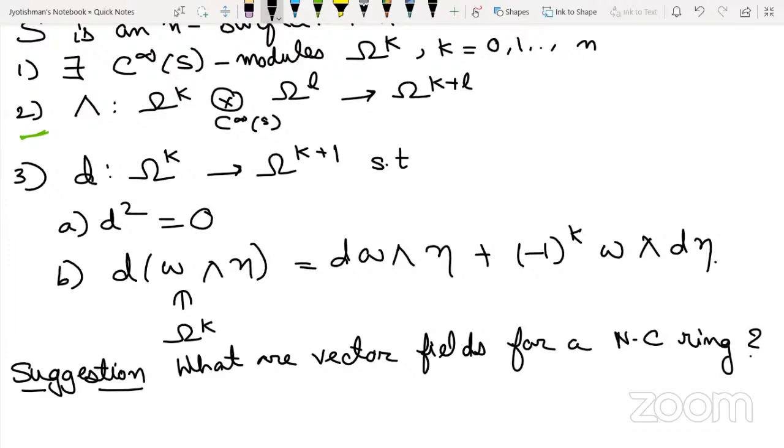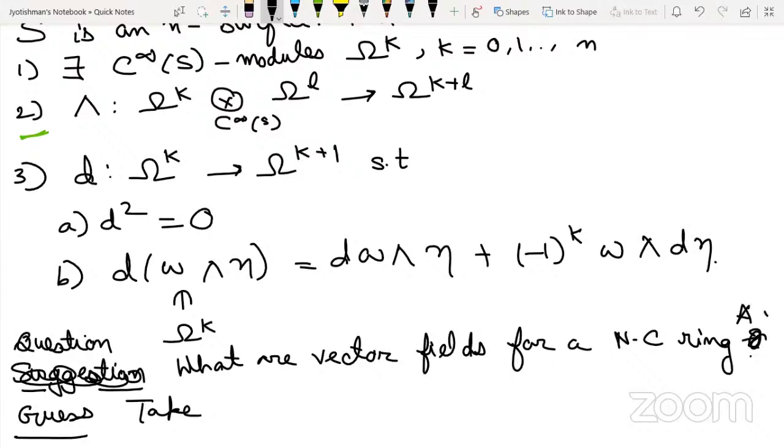So the guess is that, let's call the ring A, take chi A to be the set of all derivations of A. Okay, so this matches with the classical situation. Trouble is, if A is non-commutative, then this is not an A module. So this doesn't work.